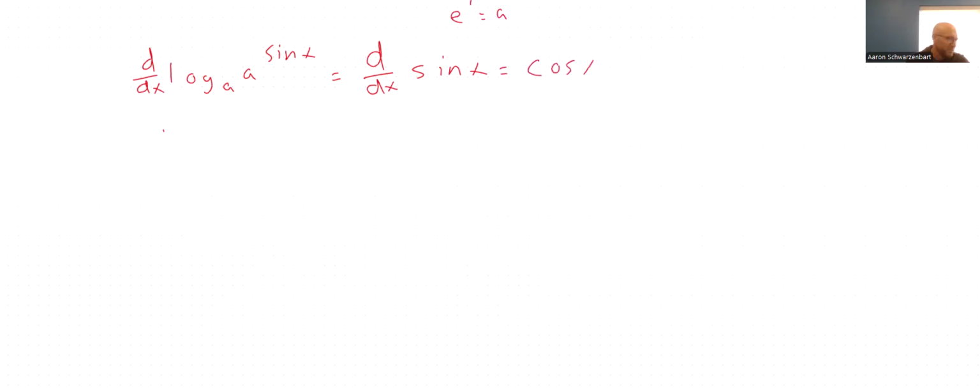If you'd like to see it worked out with the chain rule, you can, but it absolutely works without needing to be.